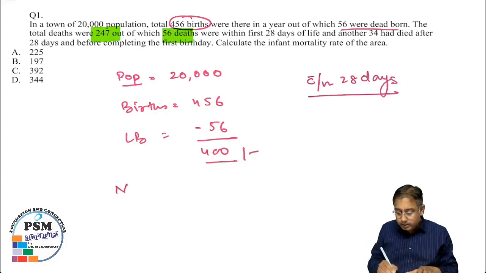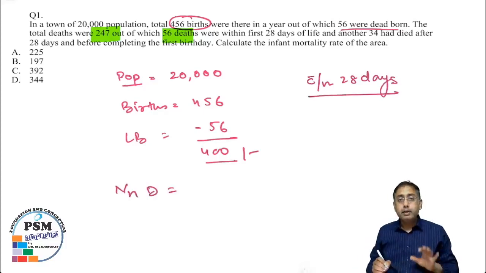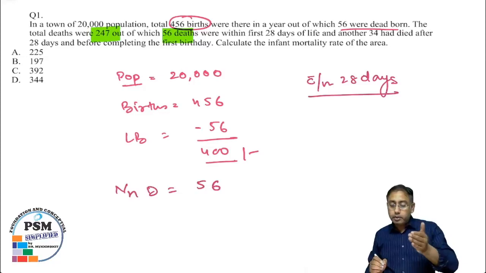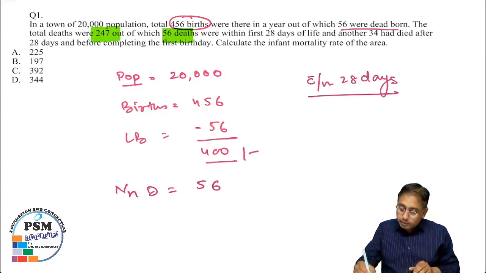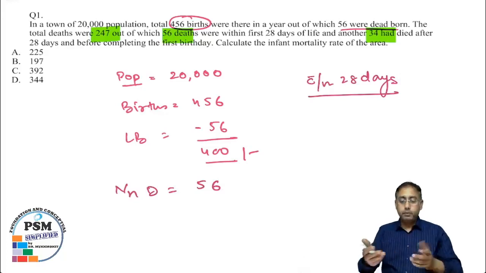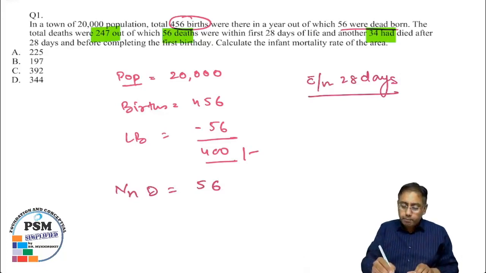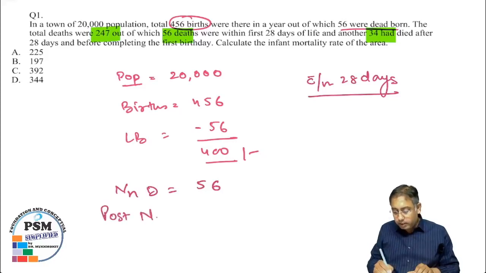So neonatal deaths are 56, and another 34 had died after 28 days but before completing one year. So the question is giving us the post neonatal deaths, which are 34.